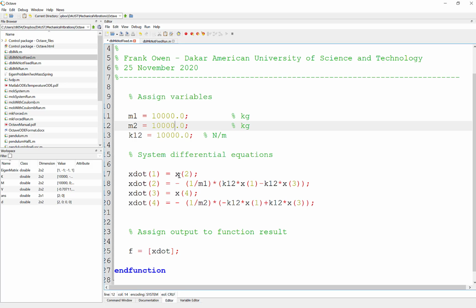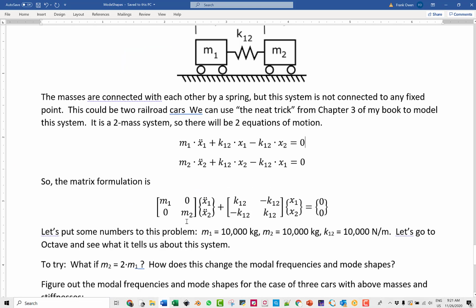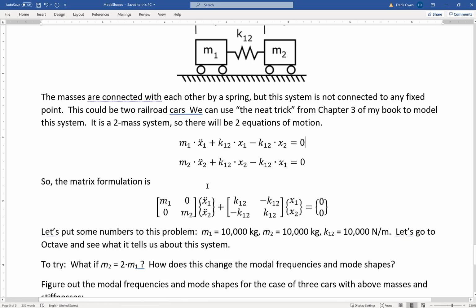But basically what I've done is I formed the state space version of my system, and I don't know if I've talked about that elsewhere, but basically what you do is you have two second order systems and you need to convert that into an overall system that has 4 first order derivatives in it.